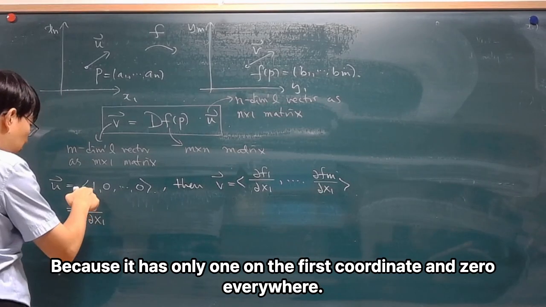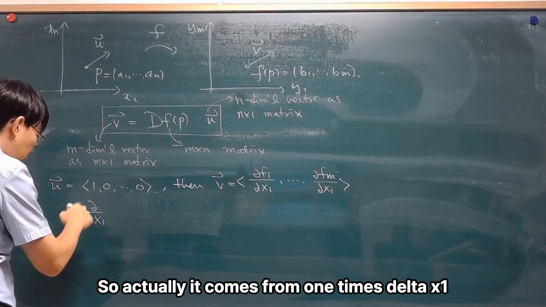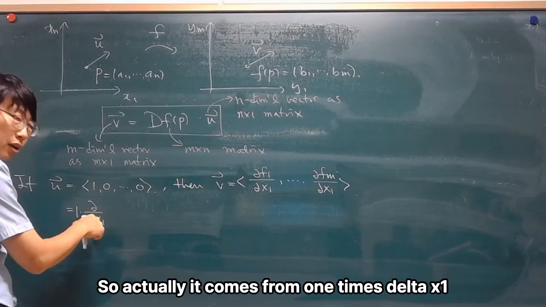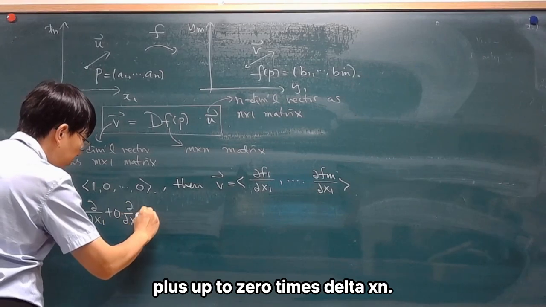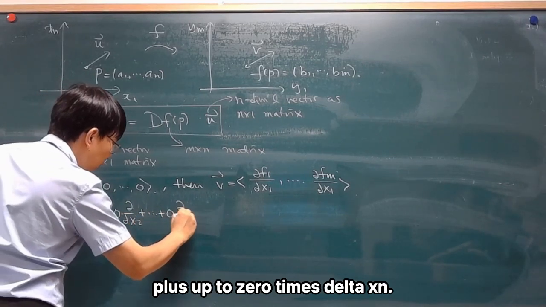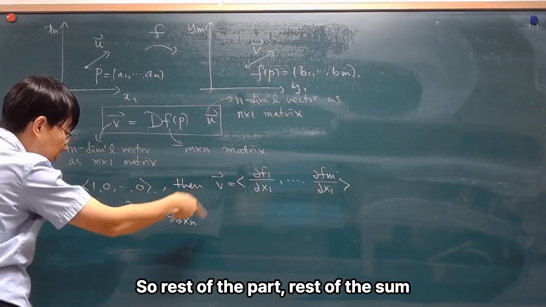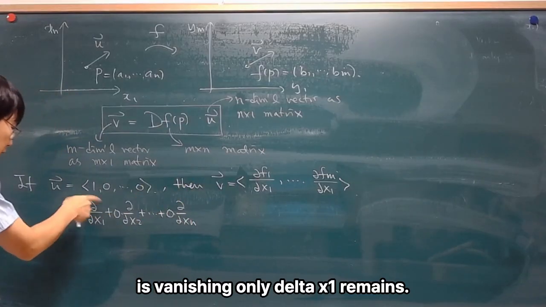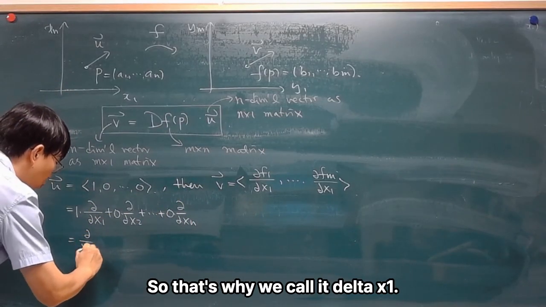Because it has only 1 on the first coordinate and 0 everywhere else. So actually it comes from 1 times ∂x1 plus 0 times ∂x2 up to 0 times ∂xn. So the rest of the sum is vanishing. Only ∂x1 remains. That's why I call it ∂x1.